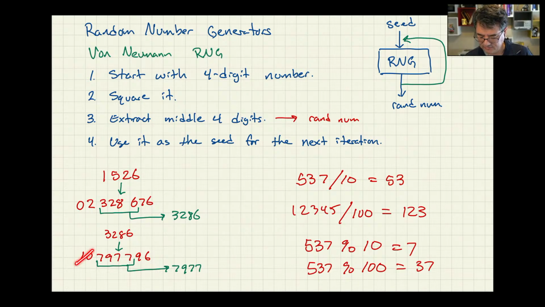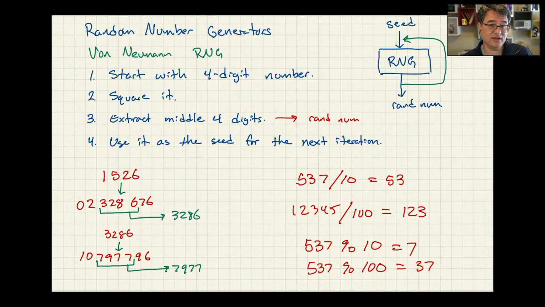And then how do I get rid of the 10? Modulus 100? No. If I do modulus 100, that'll keep the 77. Modulus 10,000? Yeah. That'll keep the last 4 digits, and it will throw away the other ones.